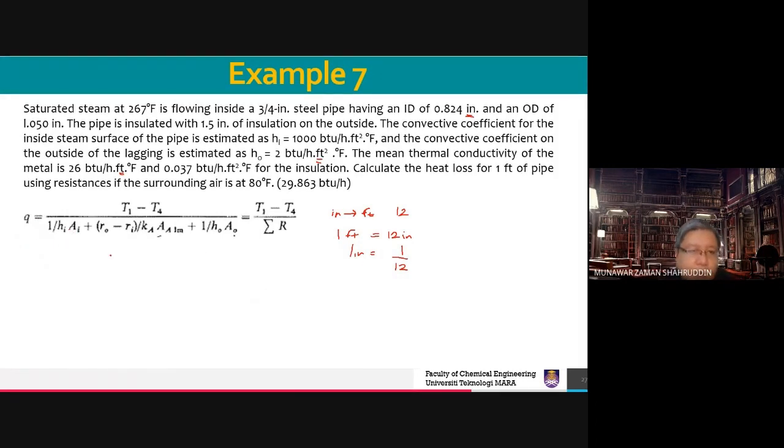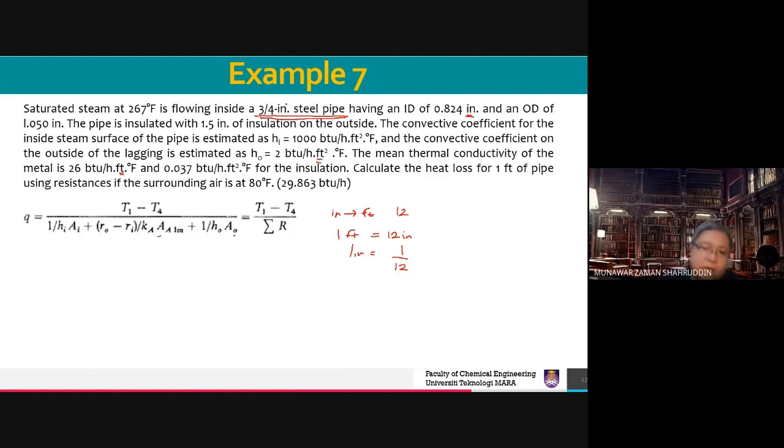So saturated steam at 267 degrees Fahrenheit is flowing inside a 3/4 inch steel pipe. Don't be confused, this is basically the pipe rating, or the commercial name of the pipe.